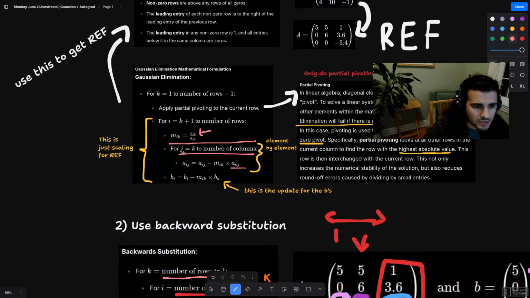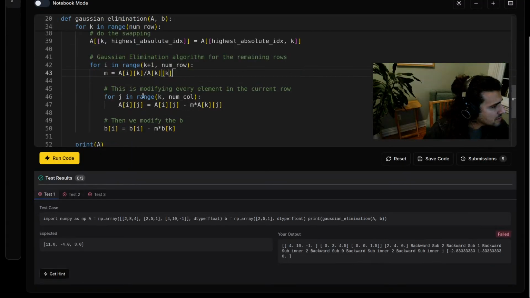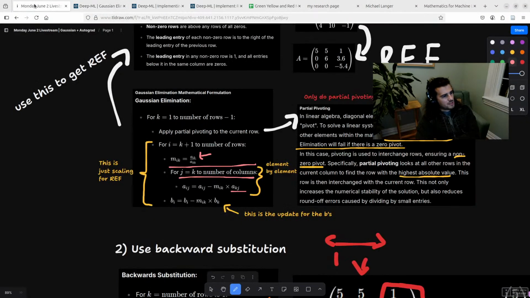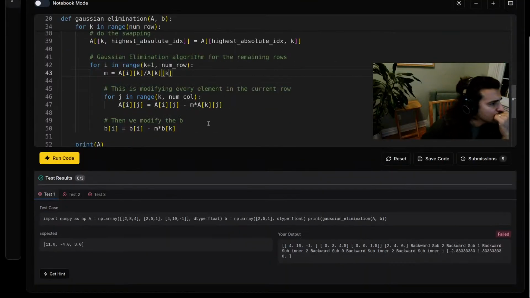And then for J in range K to number of columns, I have a feeling this is where it's getting funky a bit. So we're in this row and then we're modifying each of the elements.